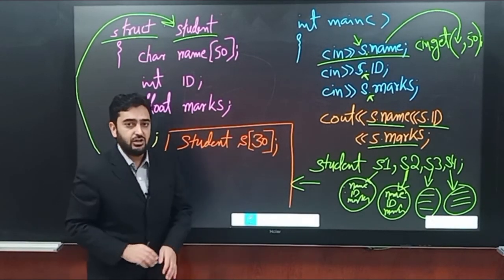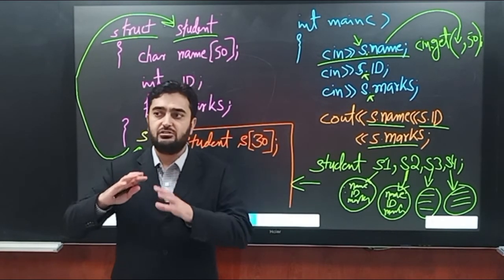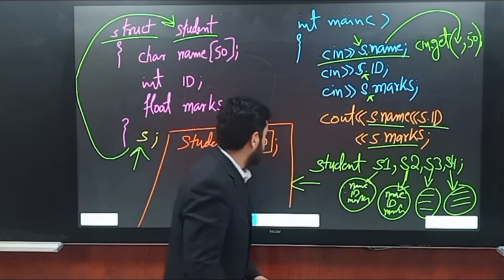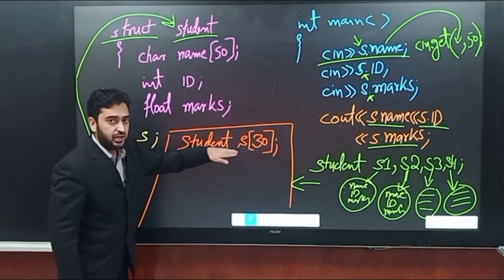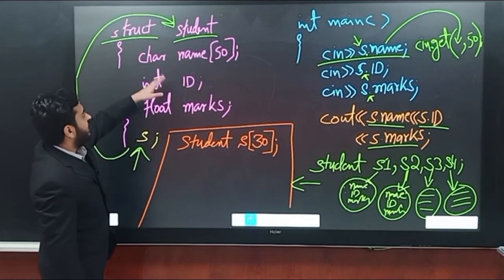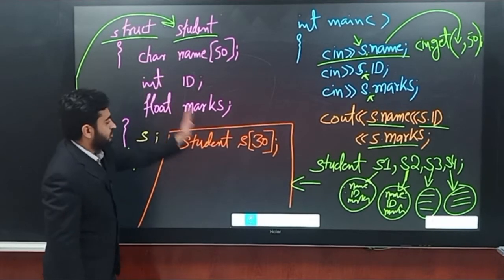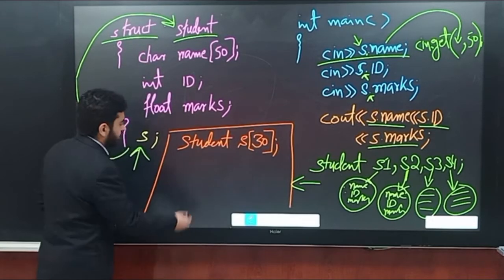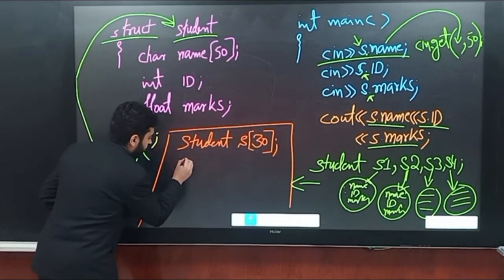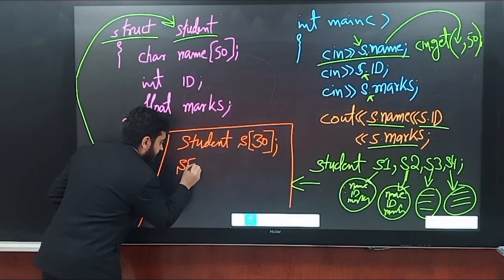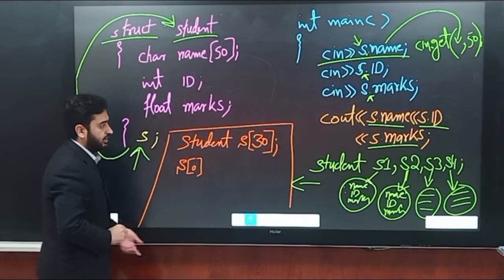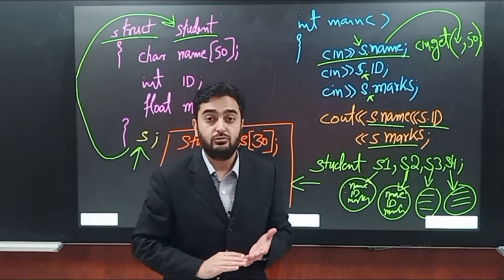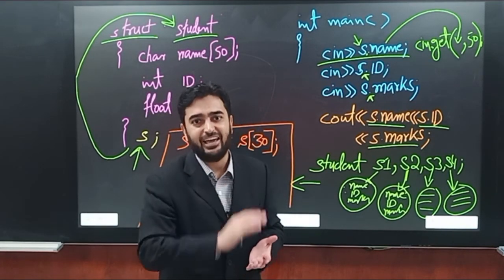So it means that we have summarized the information into a very manageable summarized form. So let's see how we can access the structure declared variables through this array. The name of the array is S. Through this S, we have how many indices here? 30 indices, starting from 0 to 29. Yes.